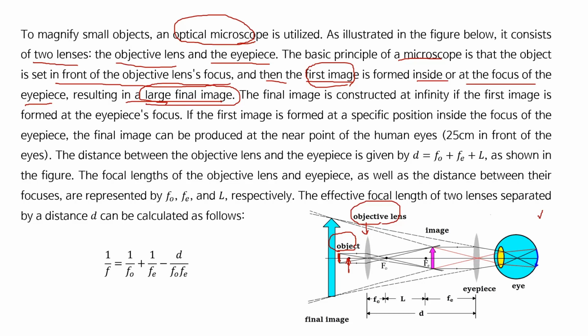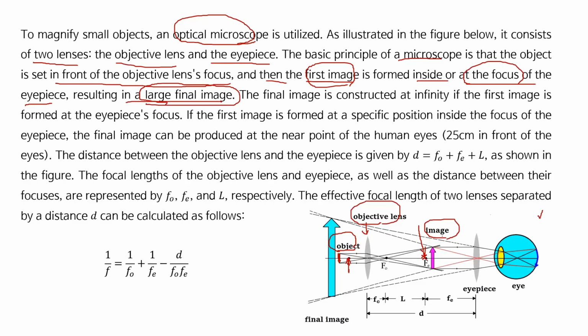So the first image is formed inside the focus of the eyepiece. Here is the focus of the eyepiece. So this is the first image. The first image is formed inside the focus of the eyepiece or at the focus of the eyepiece.